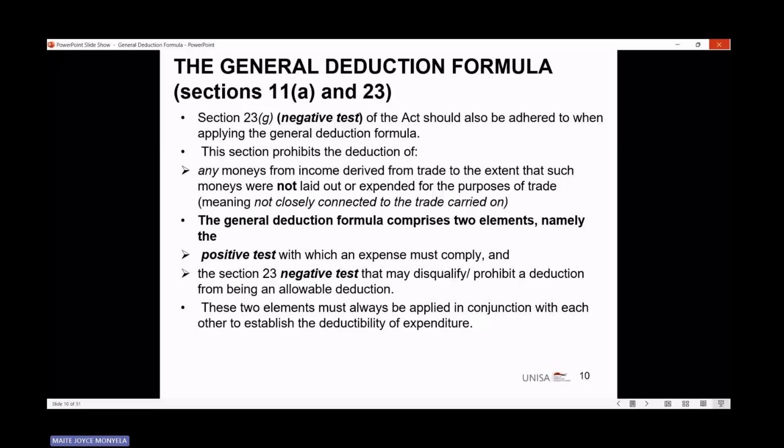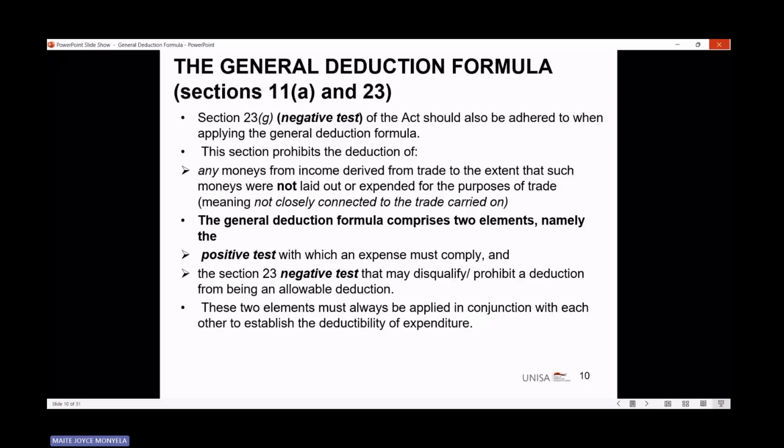For the purpose of this module, you need to test the deduction against both the positive and the negative, and the two elements must always be complied with in conjunction with each other to establish the deductibility of expenses.